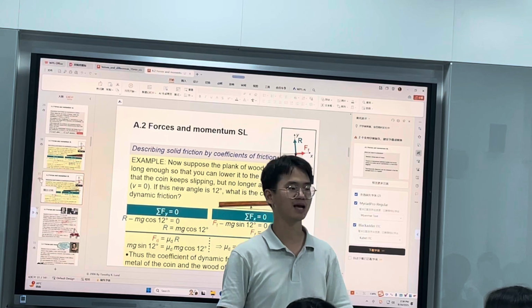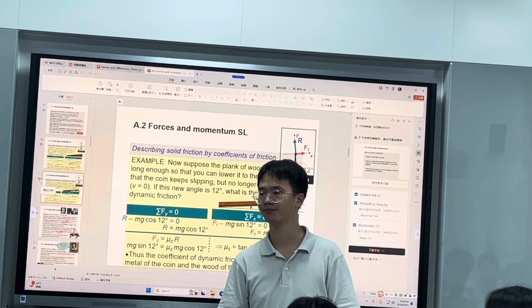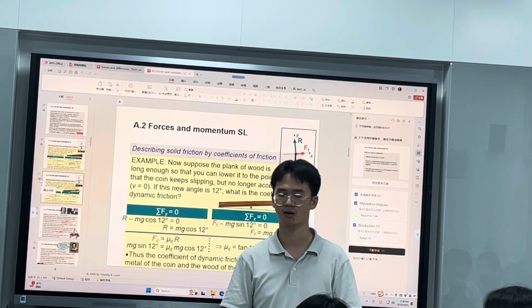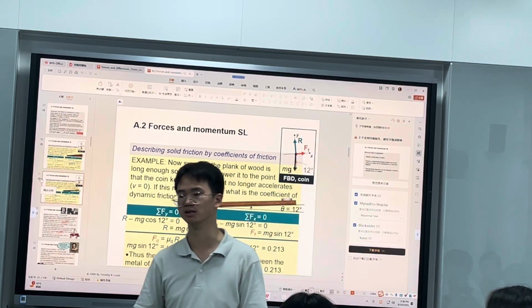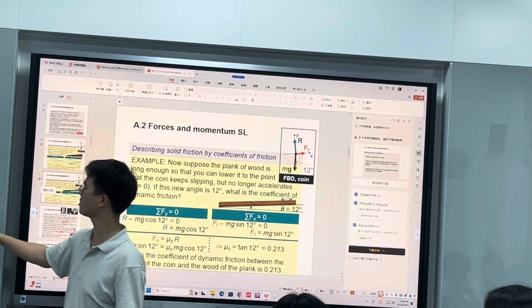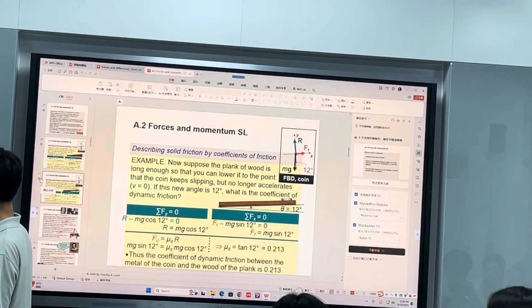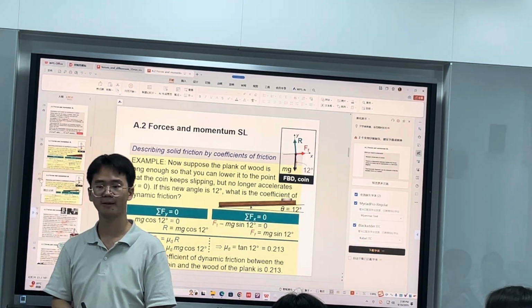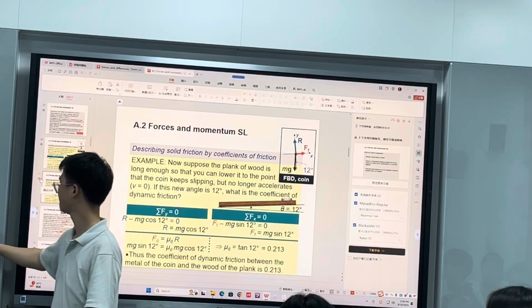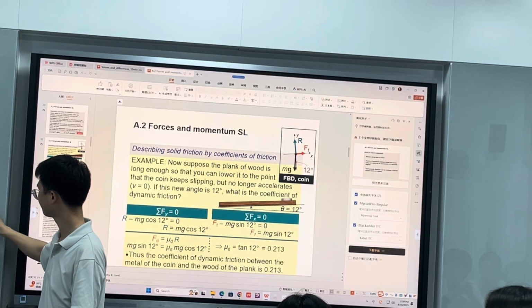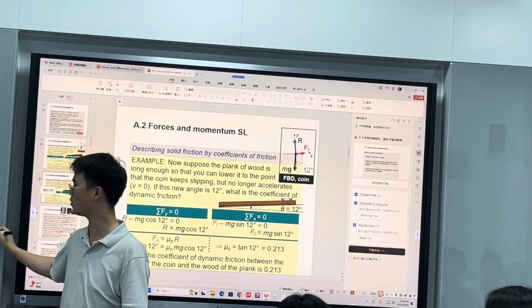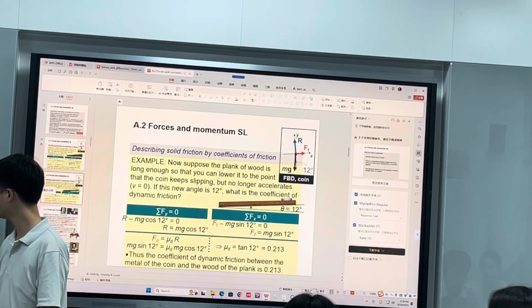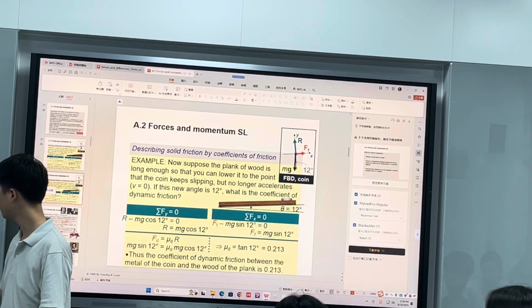Now, is dynamic friction going to change? No. Once it starts to move, dynamic friction is a constant. How do we calculate dynamic friction? Did we talk about the formula? Fd equals the coefficient of dynamic friction times normal force. What about Fs max?